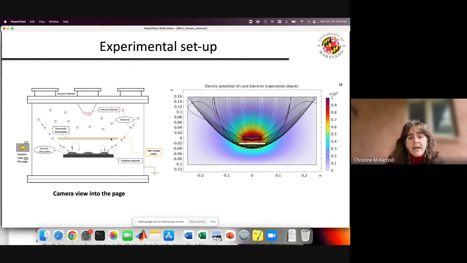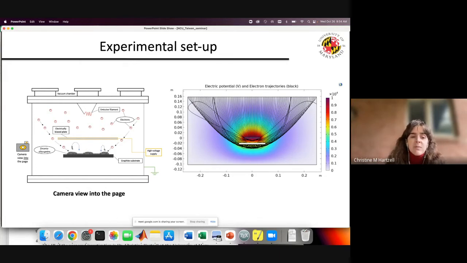We also have a plate above our grains that attracts the grains. So this upper plate, this electrically biased upper plate, creates an electric field pointing up from the particles. So it attracts the dust particles.